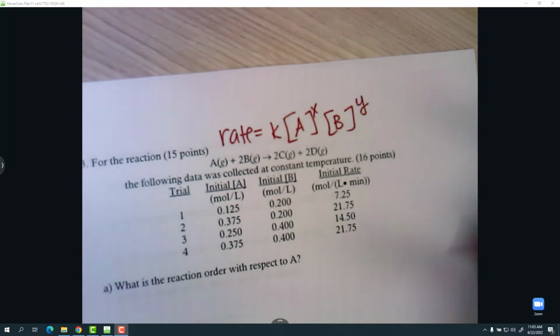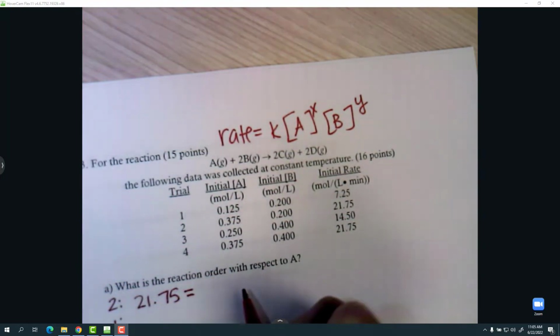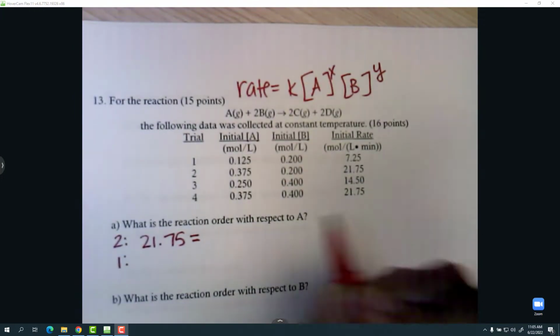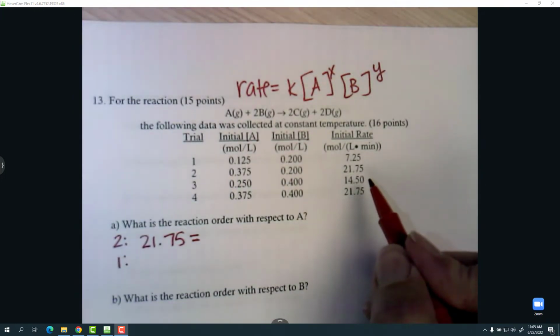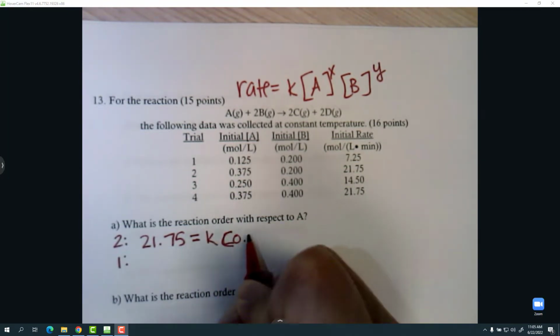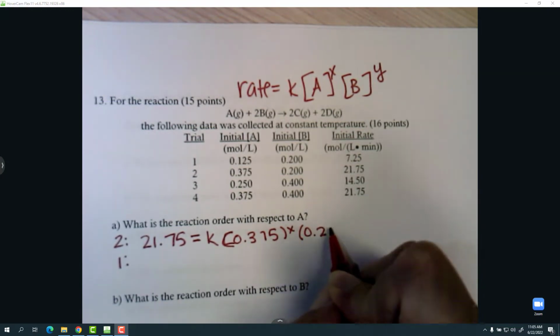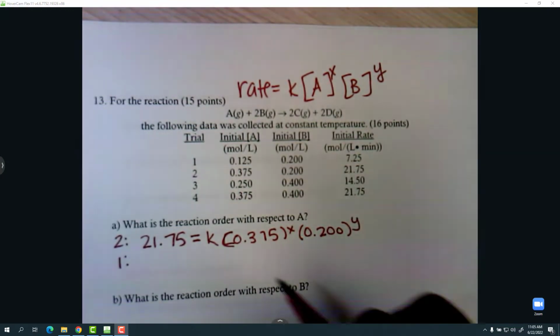It looks like 2 and 1 would be good. I'm just leaving the units off as I go, but I'm doing number 2 first since it had the bigger rate. And K, A, B, and then number 1.